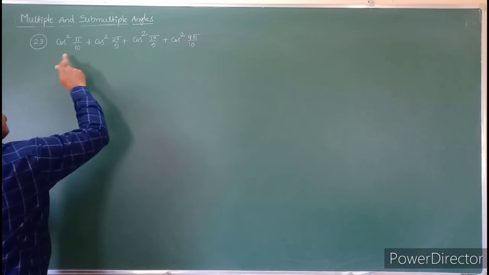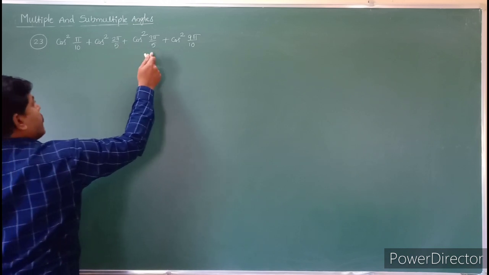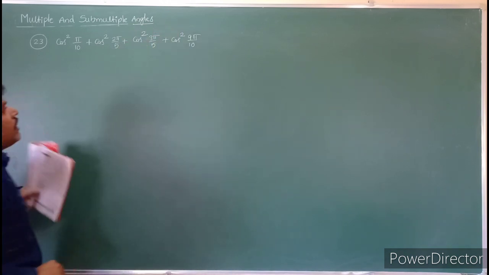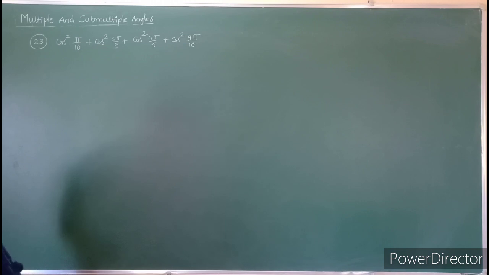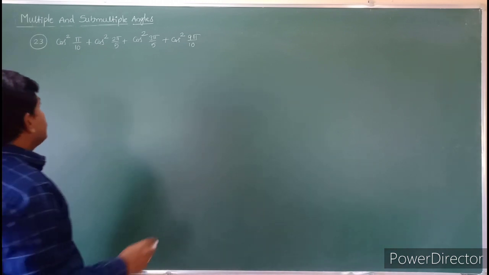The angles are pi by 10, 2 pi by 5, 3 pi by 5 and 9 pi by 10. So they are asking for this value. Okay, so see students how to solve this.